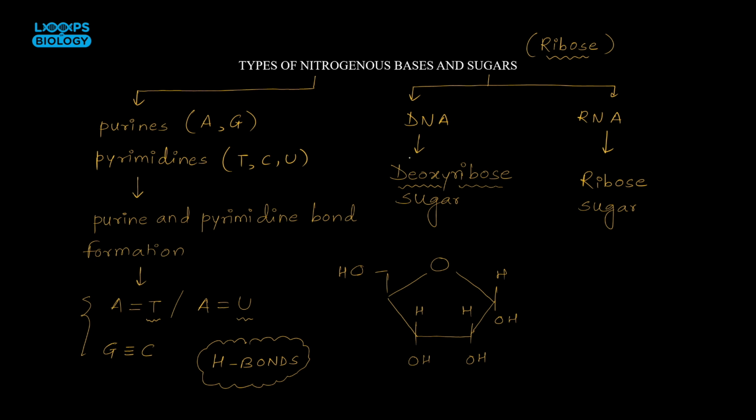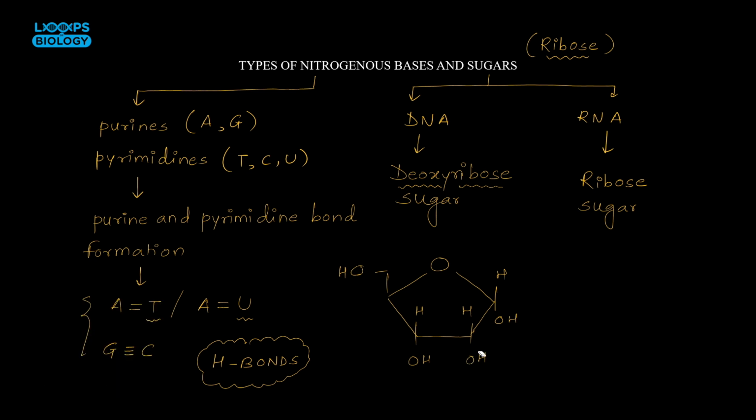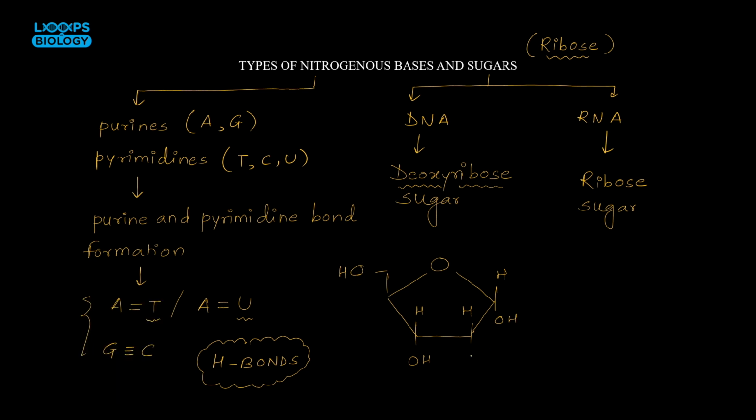So as the name suggests, that is deoxyribose, we have to remove one oxygen from the second position of the sugar. So there is going to be just the presence of hydrogen. As we start to number this structure, there is 1 prime, 2 prime, 3 prime, 4 prime and 5 prime.